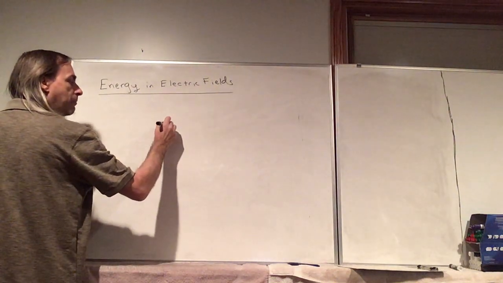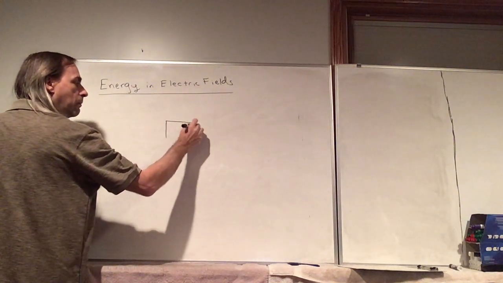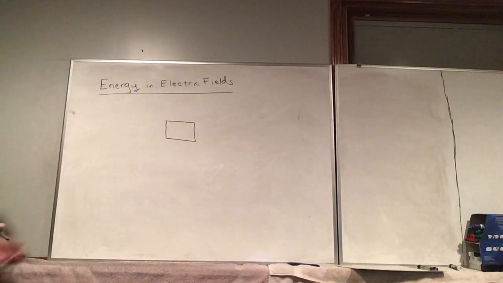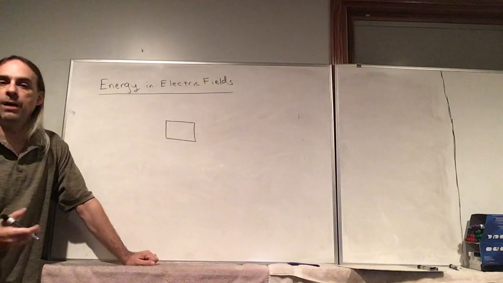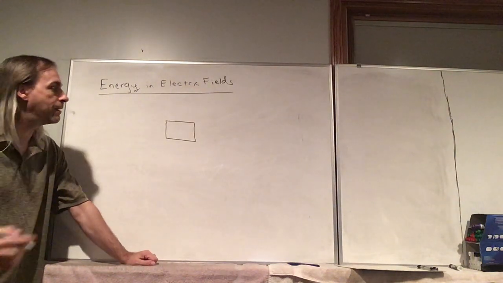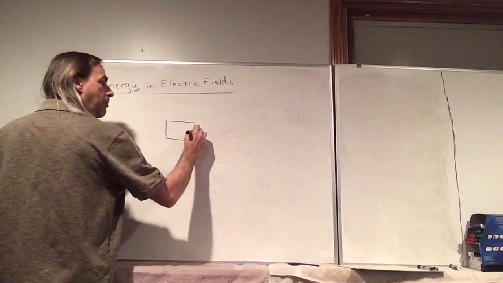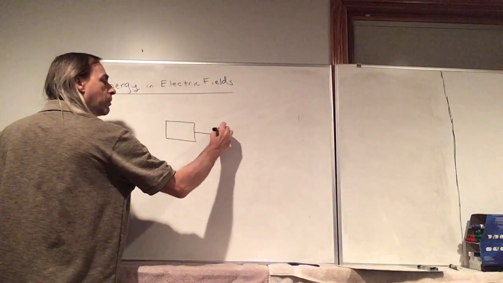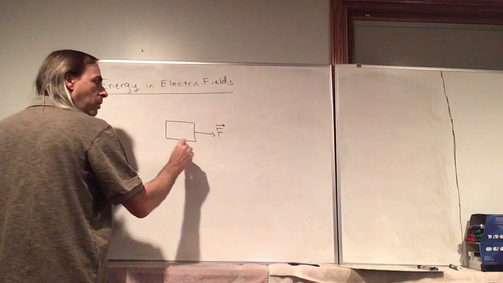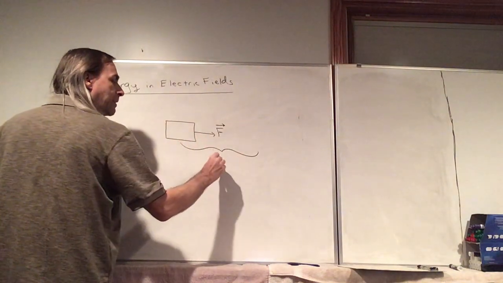Again, work is a combination of force and displacement. Say I apply a force to this object and it does not move, then there's no work being done on it. But let's say I apply a force to the right, and it moves in the same direction.